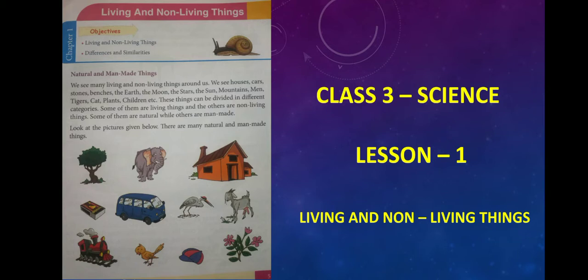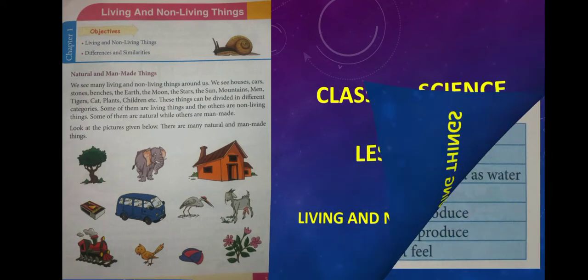The things around us, like houses, trees, matchbox, car, box, animals, plants, birds, cap, pencil, are all divided into two categories, living and non-living. As you can see in the picture, some of these items are living and some are non-living. We will move forward and see what comes next.